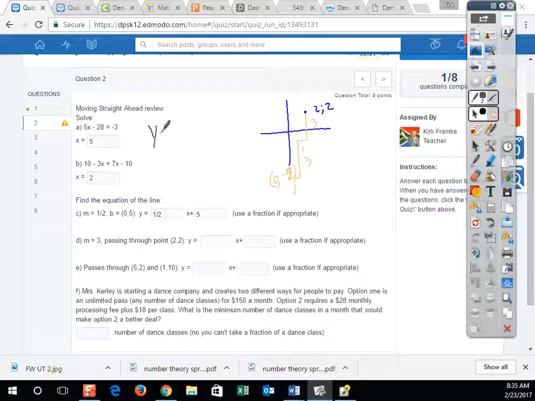I can write y is equal to 3x plus b. And the y-intercept is b, and so we have our x and our y value. Instead of x, I can write 2.